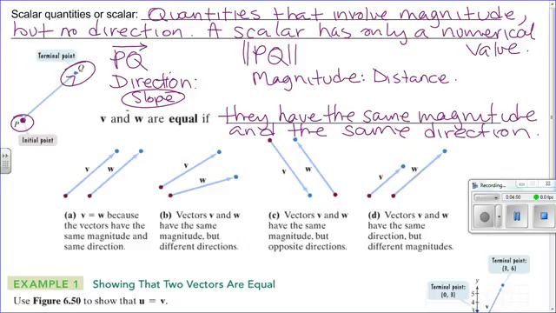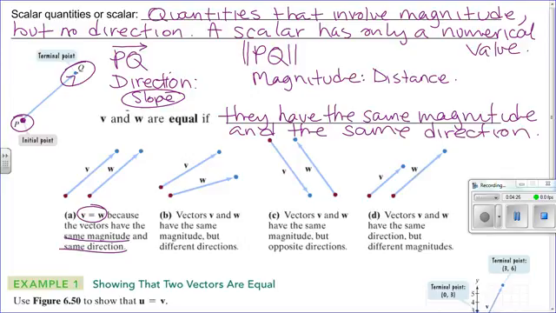Now, right here we have four examples, four pairs of vectors. In the first one, you can see clearly that V and W are equal because they have the same magnitude and same direction. It's pretty obvious that they are parallel, so that's how we can tell that they have the same direction. And it's also obvious that they are the same length, so they do have the same magnitude.